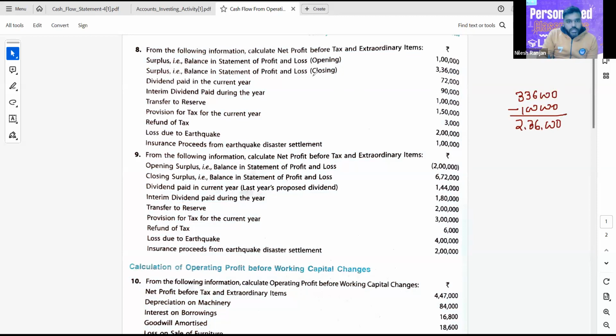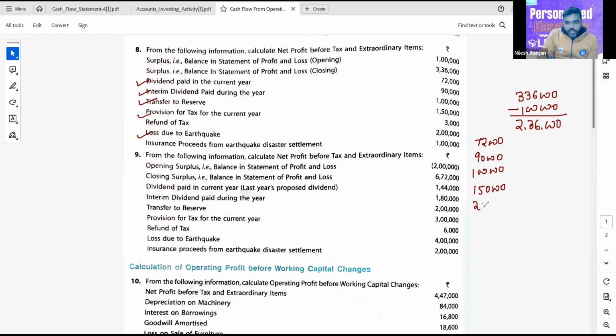Now, there are some items which are to be added. That is dividend paid in the current year, interim dividend, transfer to reserve, provision for tax, and there is loss due to earthquake. These all items will be added. So 72,000 will be added here, and 90,000, then 1 lakh, and 1,50,000.